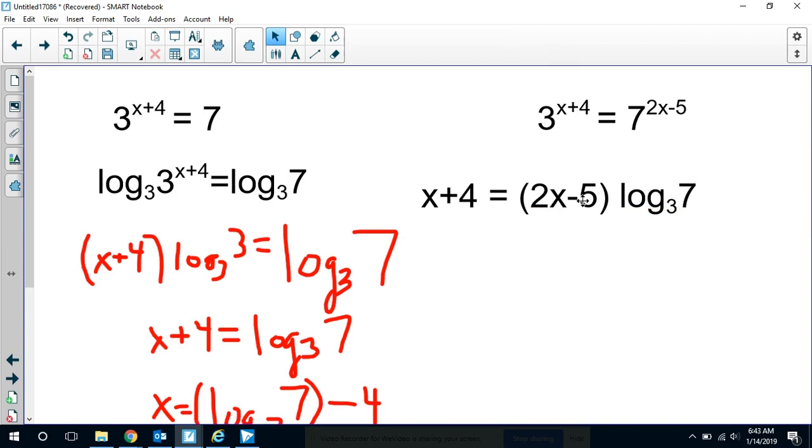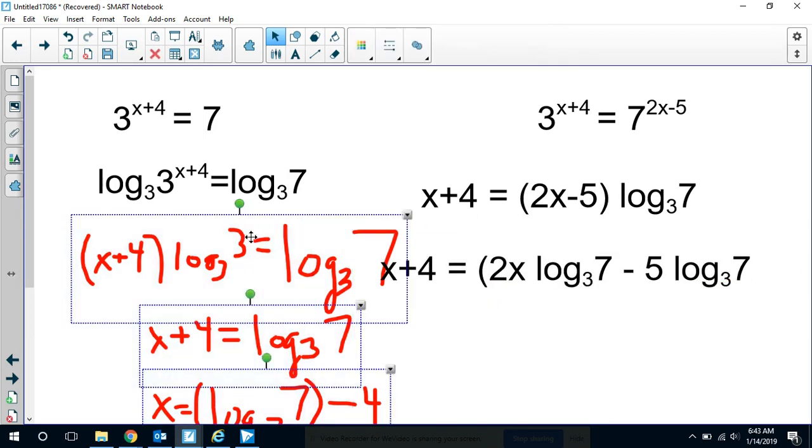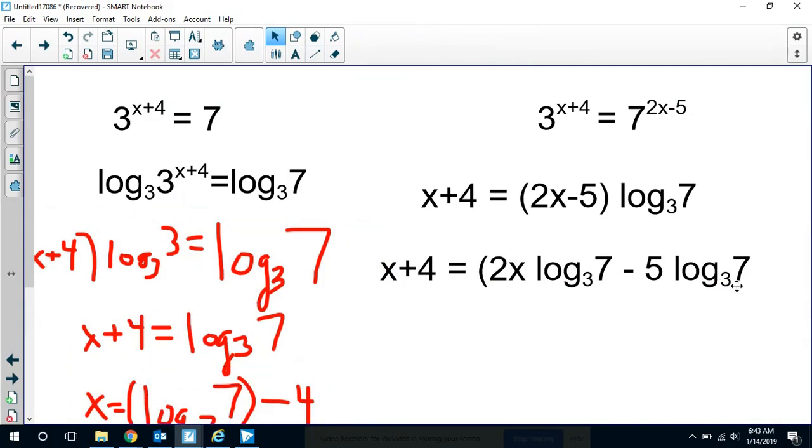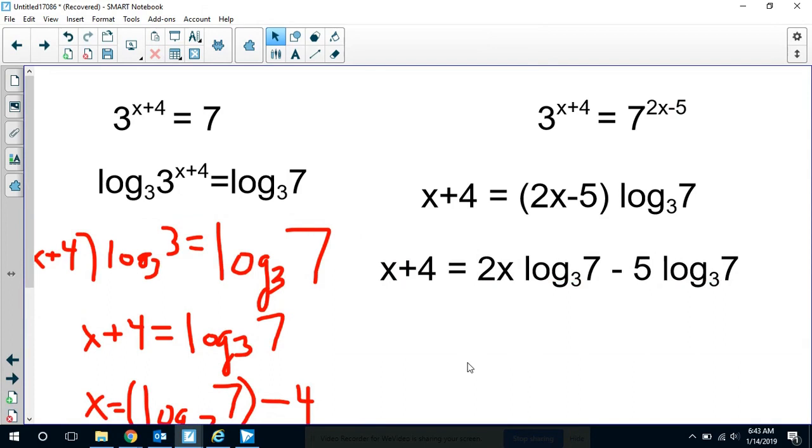So what I'm going to do then is I'm going to use the distributive property because I have to get all the x's on one side and all of the things that kind of look like numbers on the other side. So that's what happens to the right side there. Now I'm going to get all the x's on one side and all the numbers on the other side.